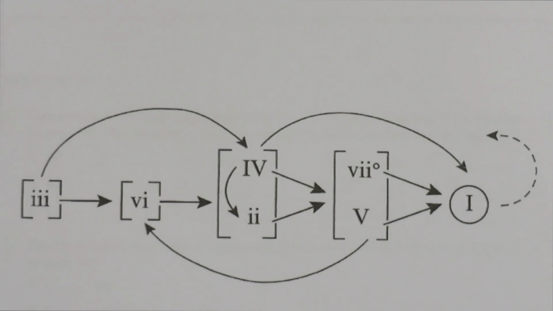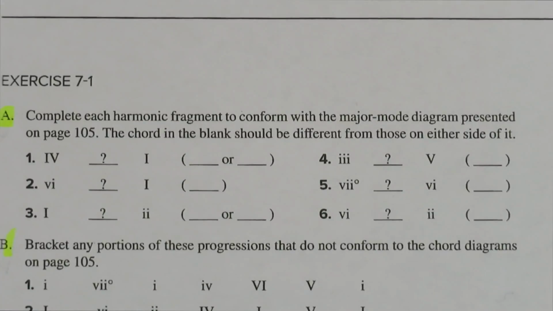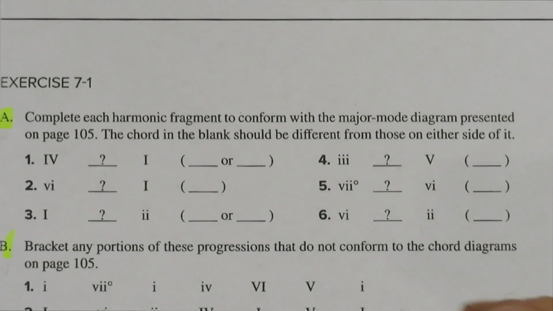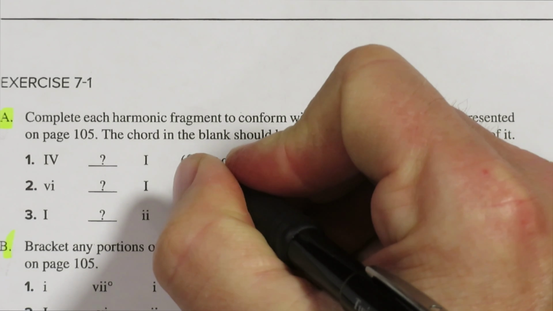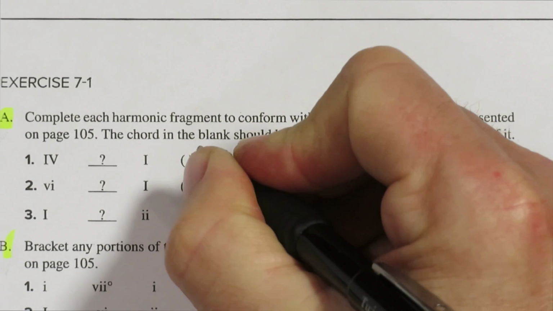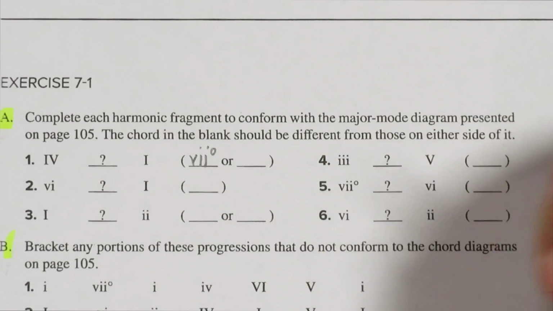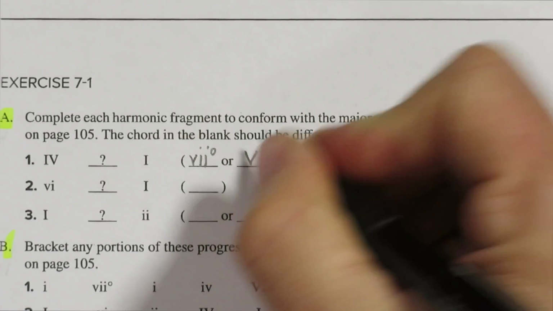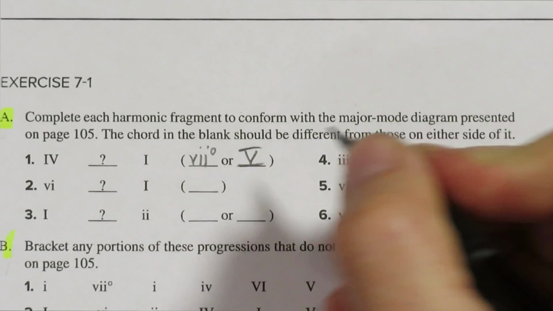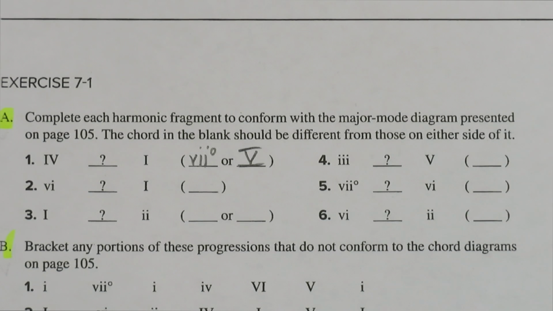The 7 diminished and the 5, the dominant. So we'll put that here. Diminished or 5. Okay.